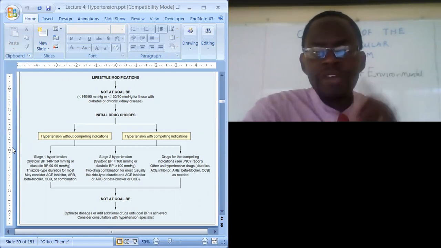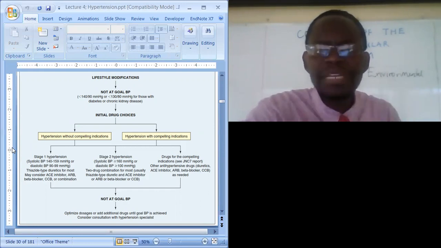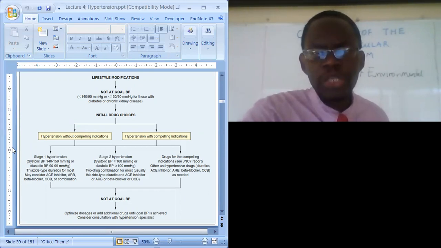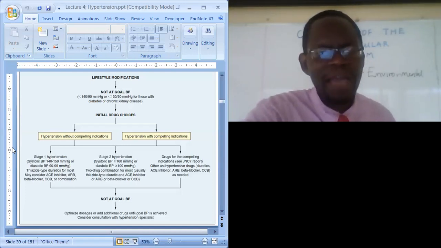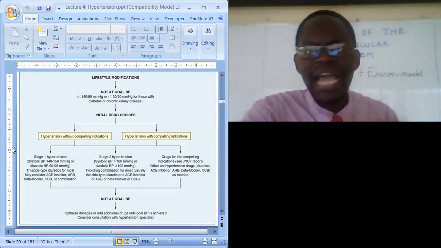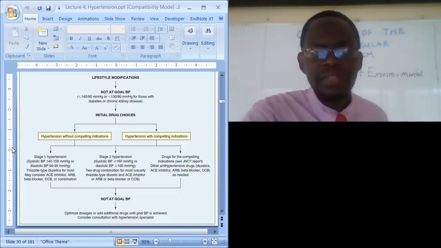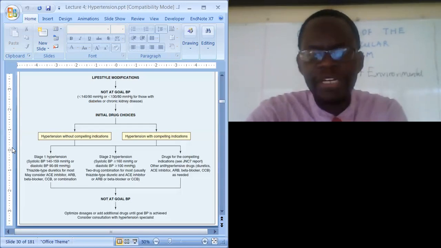If you want to lower the blood pressure, then we give an ACE inhibitor. So these are some of the drugs that are given. When you do your pharmacology, you learn more about what these drugs are. The beta blockers, among others. Now, this is the algorithm for management of hypertension.